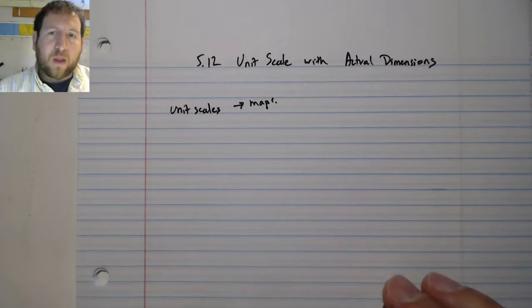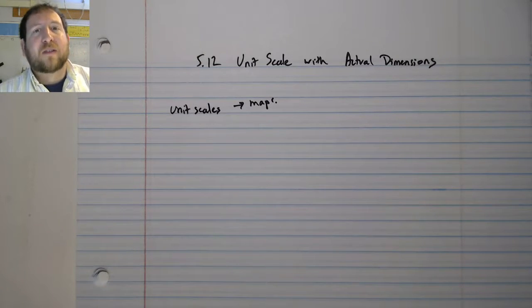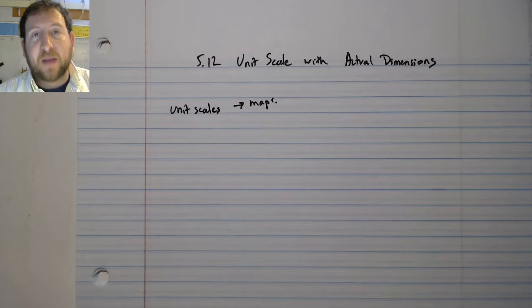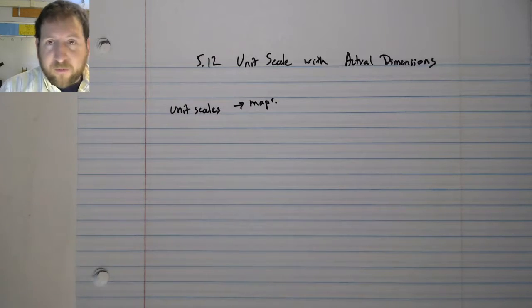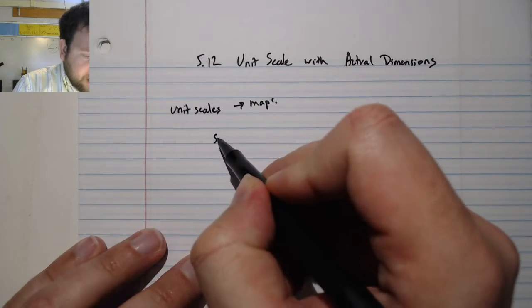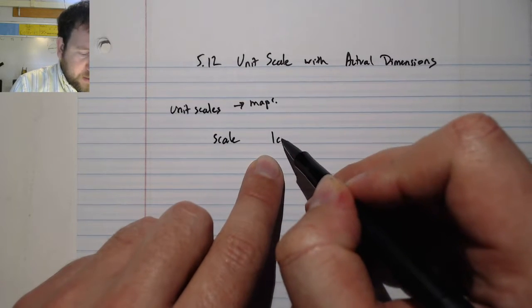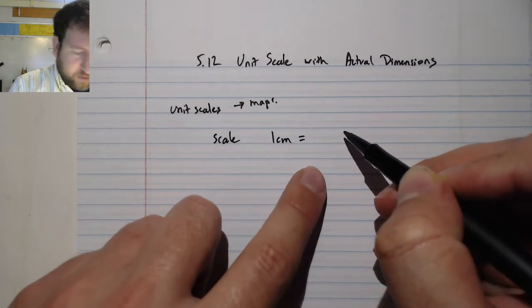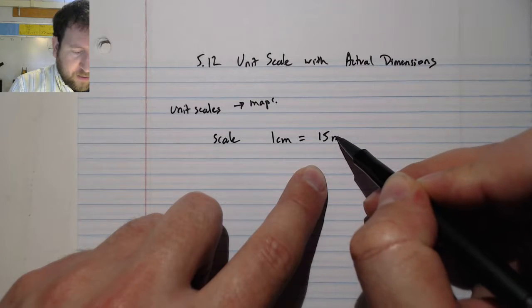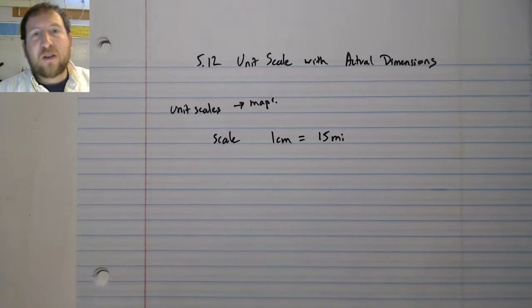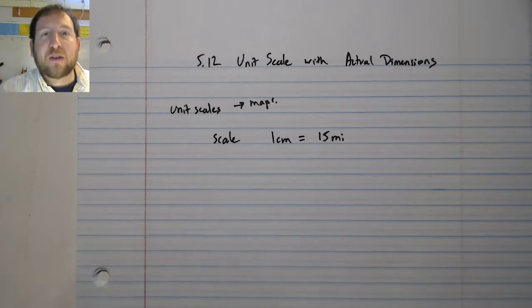Well, here they're going to give you a scale, and then they're going to ask you to find a bunch of different distances based on that same scale. So, for example, if I give you a scale, and that scale is 1 centimeter equals 15 miles, we can use that scale to find a whole bunch of different distances.